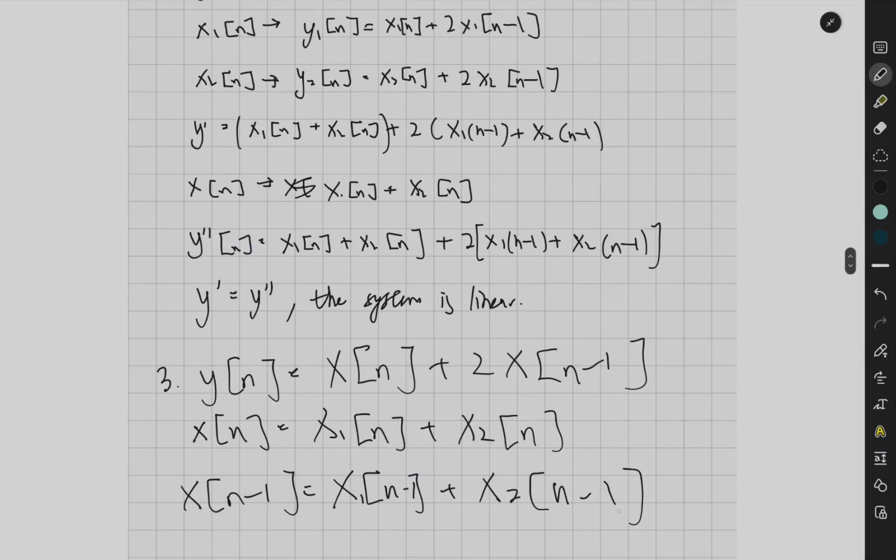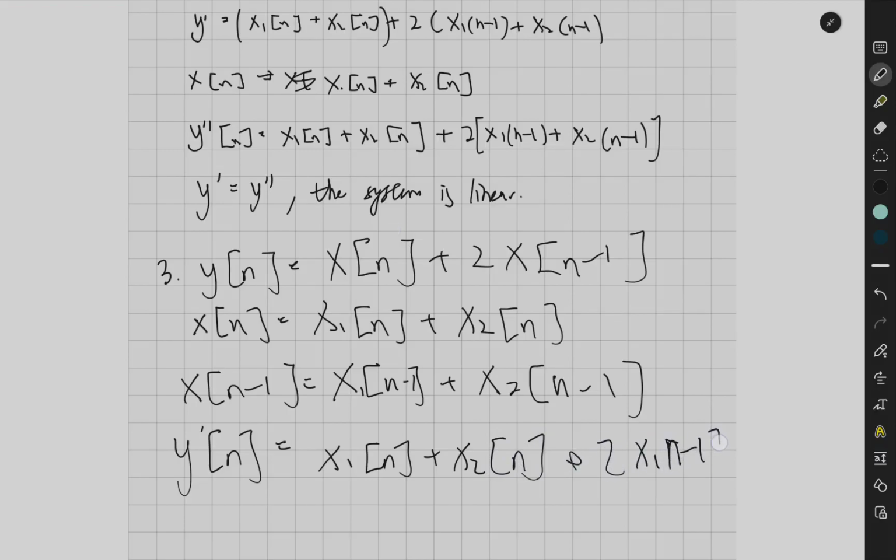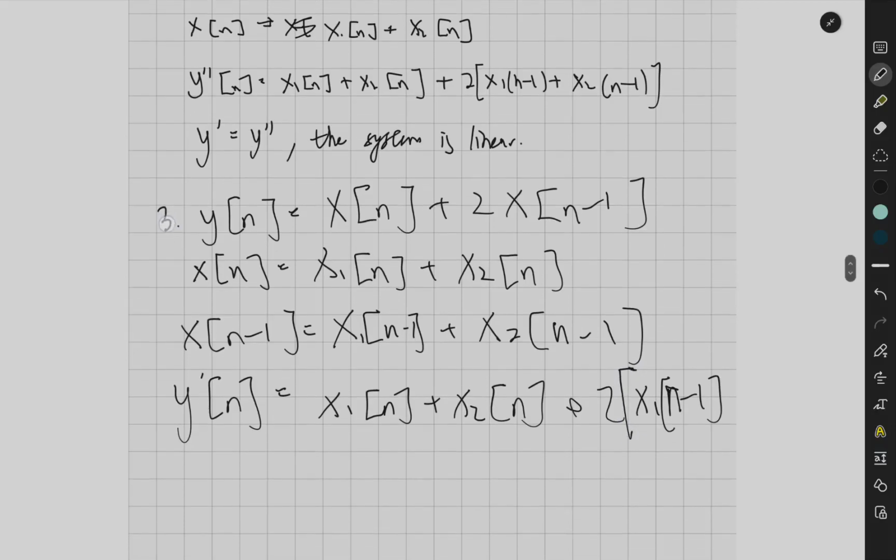So yn, we represent this as series. It will become x1n plus x2n plus 2x1n minus 1 plus x2n minus 1.